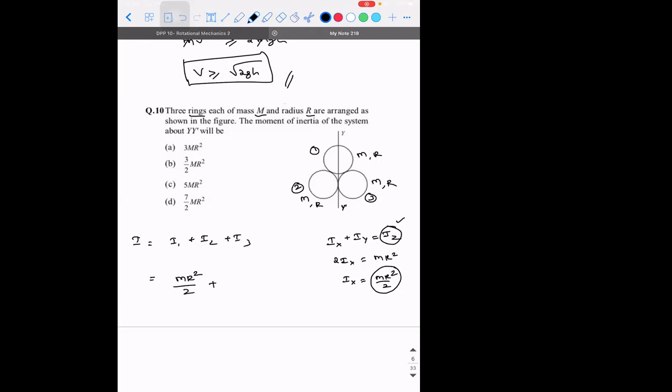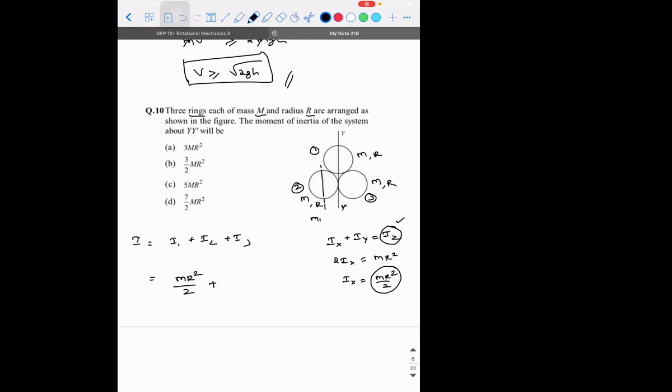So what is the moment of inertia of the first one? mr square by 2, plus with respect to the second and third, how is y dash acting? Tangents. See, when you say tangent, you need to be careful. Is it a tangent in the plane or is it a tangent in the plane perpendicular to it? Tangent in the plane. So tangent in the plane means what are we supposed to do? Same logic. First perpendicular axis, then parallel axis. So you know what is the moment of inertia about the diameter?